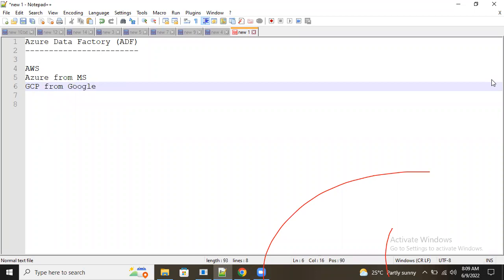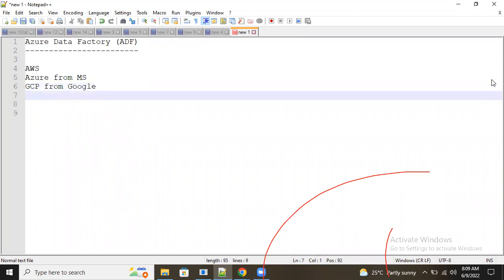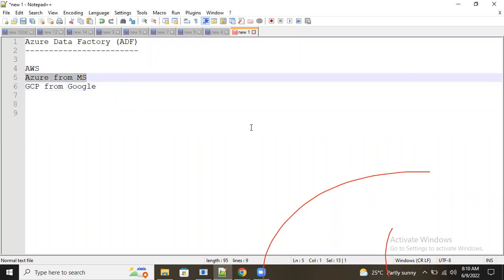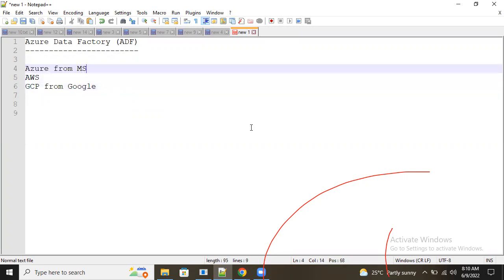Of course, we have many cloud providers in the market, but these three are the most frequently used cloud environments. Most clients and business users use these three, and among them, Azure is on top.